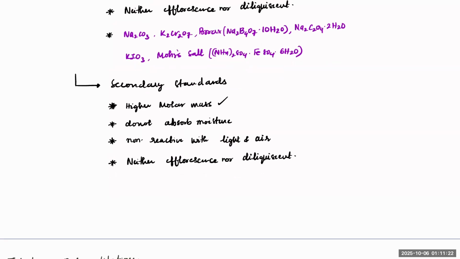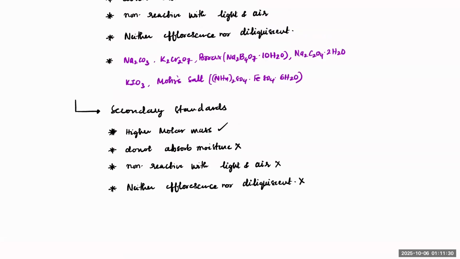They do not absorb moisture, no. Non-reactive with light, no. Neither efflorescent nor deliquescent, no. So the only factor which is mostly valid for secondary standards is that they might have a higher molar mass, but not necessarily are the rest of the points ticked. Got it? Okay.